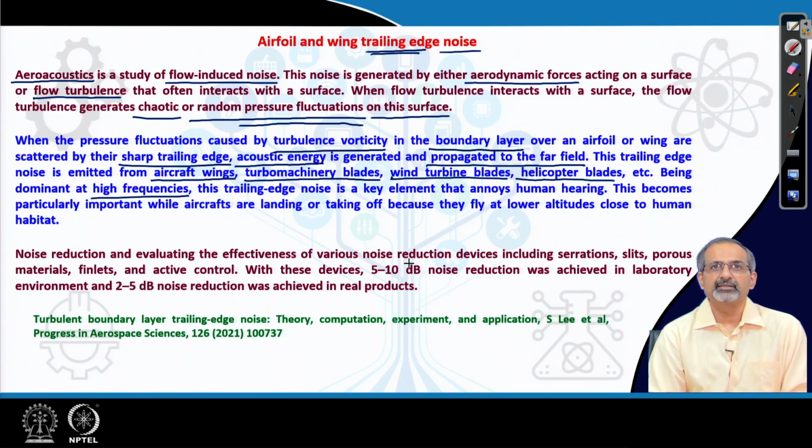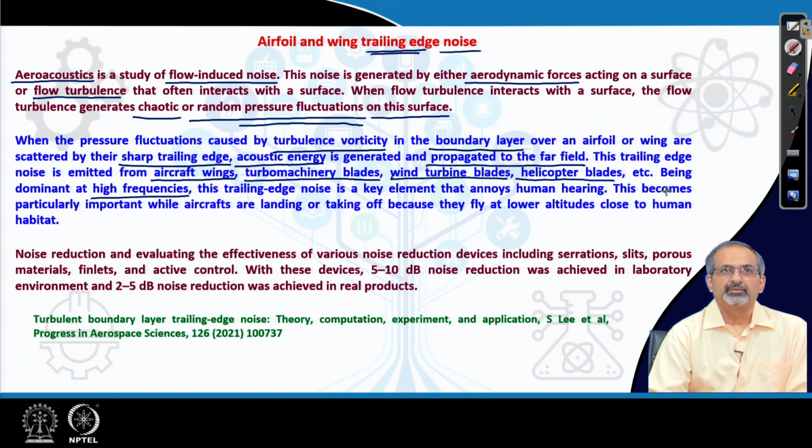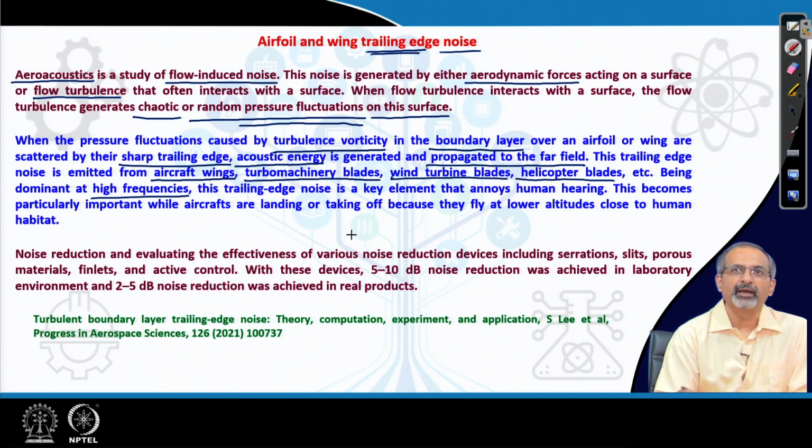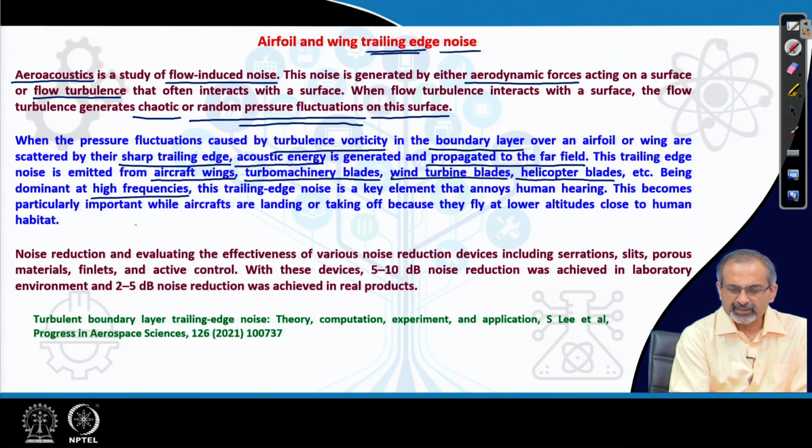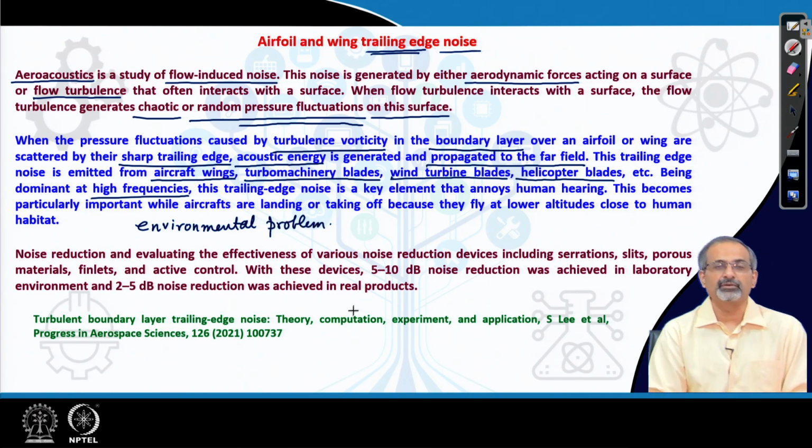This trailing edge noise is a key element that annoys human beings. This becomes particularly important when aircraft are landing or taking off, because they fly at lower altitudes and close to human habitat. So, it is an environmental issue which has to be tackled with a lot of care, and therefore, a lot of research is going on the trailing edge noise problem using analytical means, computational means as well as experimental means.